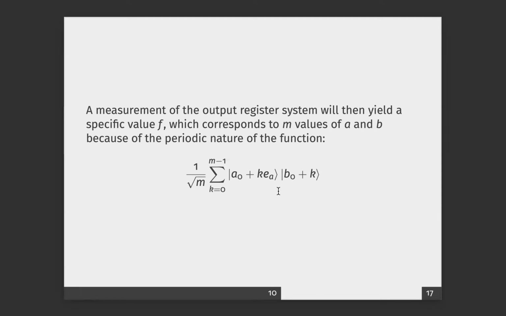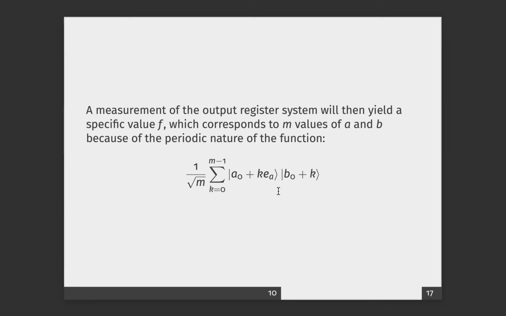So what are those values of A and B? You start with the first A0 and B0, and the next numbers A and B, which have the same value as f of A0, B0, are A0 plus KE and B0 plus K.